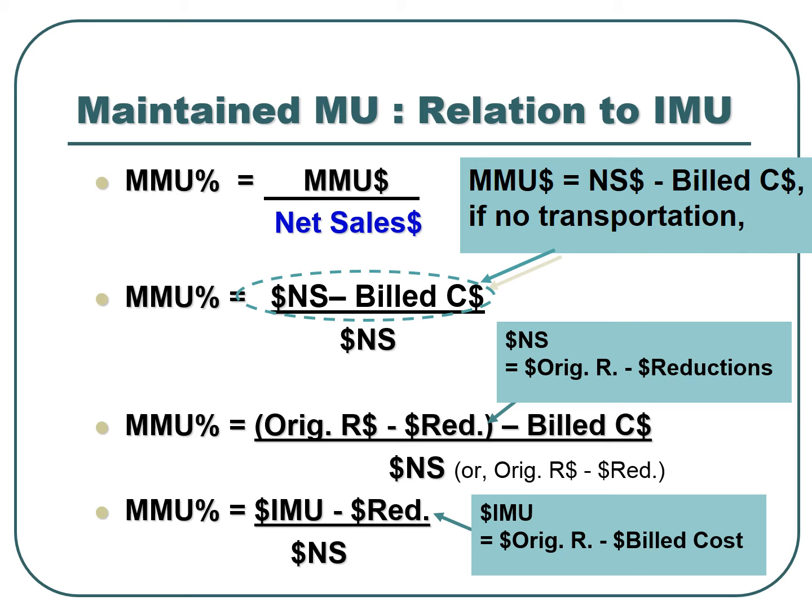Okay, so it is more of the concepts that you have to understand: what MMU actually means, what's the maintained markup, what's the initial markup, the concepts themselves and how the concepts are actually interplaying with their smaller components such as the net sales, original retail, reductions, and the initial markup and maintained markup. Those little components. Then you will be able to understand and derive all kinds of different formulas and different ways to calculate maintained markup percent.